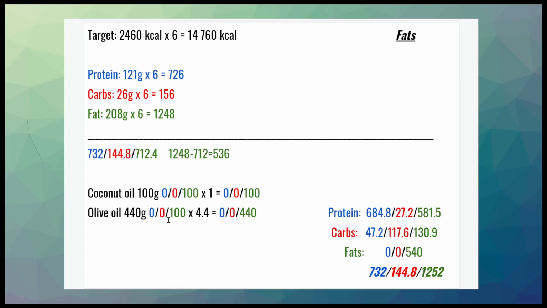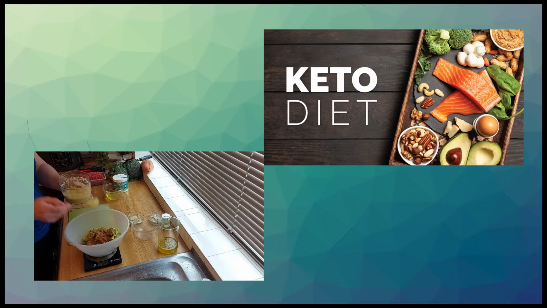It's just easier to count it if you're using measuring scales rather than using milliliters. And here the last calculation, fats, carbs, and protein combined, and the last number, which matches the target number I had at the beginning.